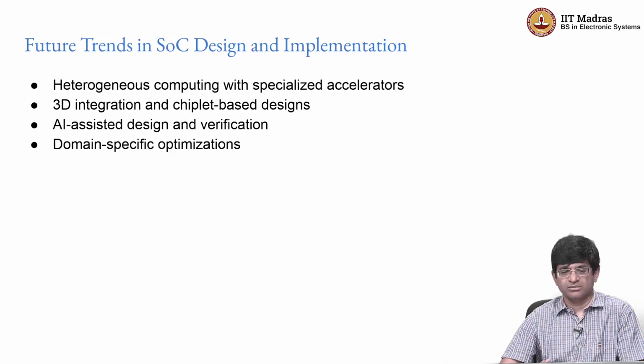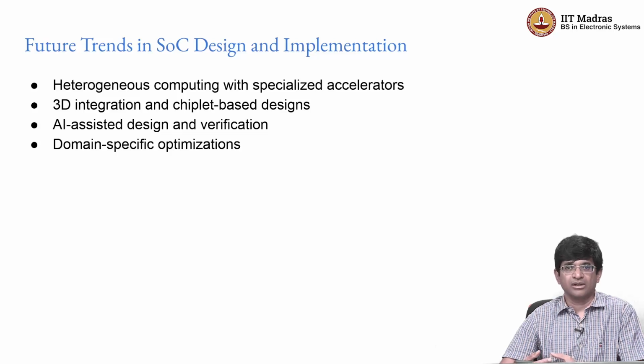And of course, just like I said, besides the specialized accelerators, we also have domain specific optimizations. We already have things like cryptographic specialized hardware, but we could also have things that are domain specific, in the sense that maybe they are only for signal processing, or only for neural networks or AI/ML kinds of applications, or other kinds of things where again we see specialization into things like low power IoT devices and so on.